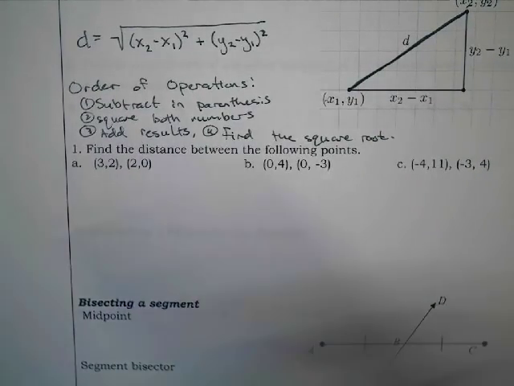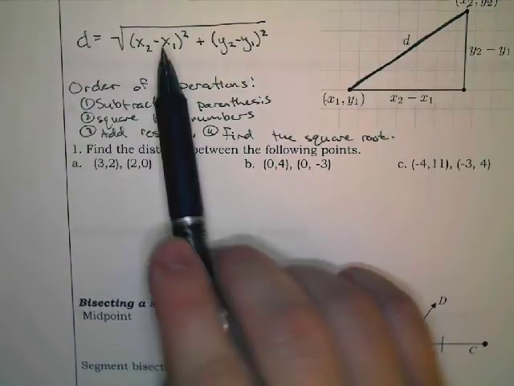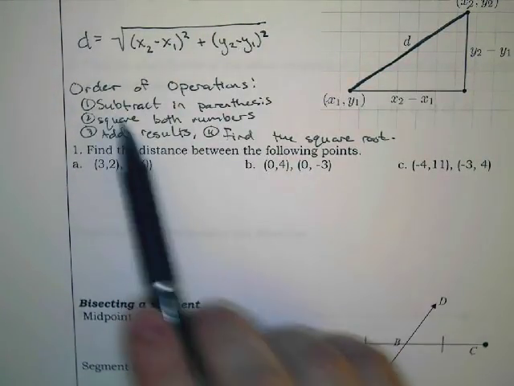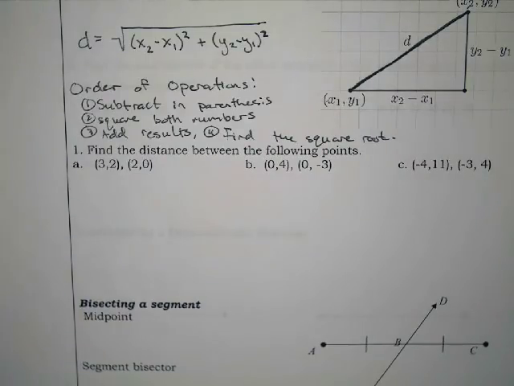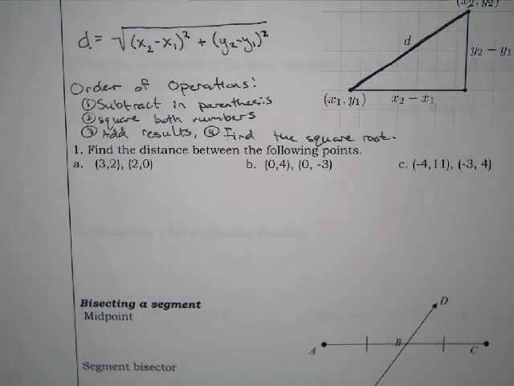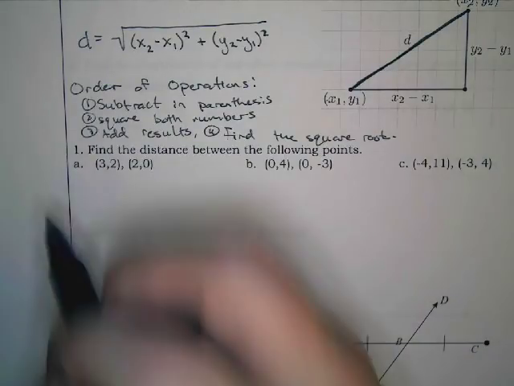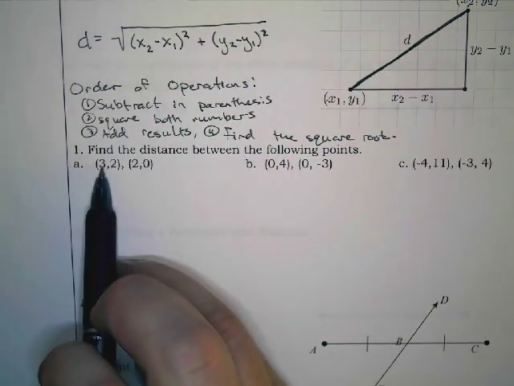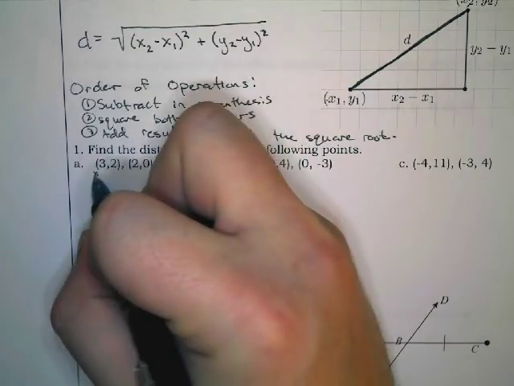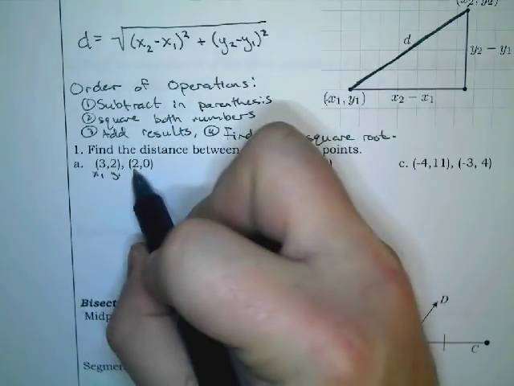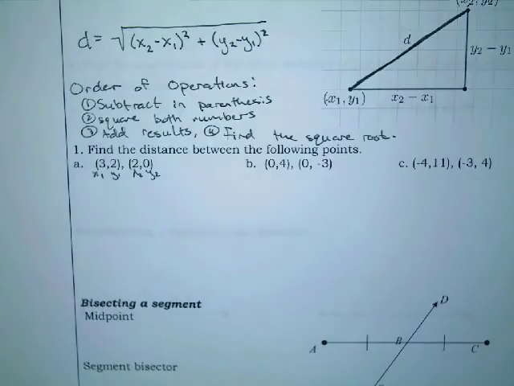Okay, so if we use a labeling system and then we plug in, then we follow our order of operations, we should be okay. So let's see if we can do this. So let's label this. This is my first point, so I'll use x1, y1. And this will be my x2, y2.